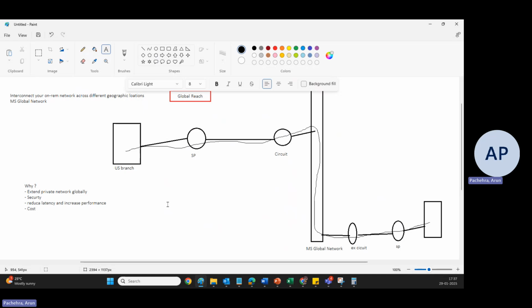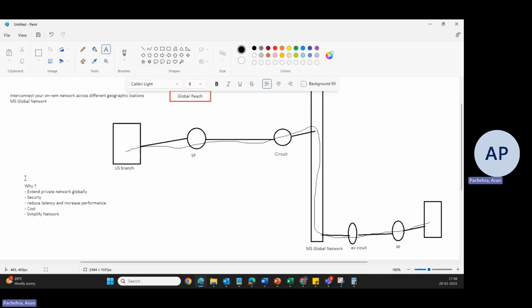So these are some reasons that we could think of right now. And of course, simplify the network architecture. We should mention that one. Simple architecture of any kind is always better than complex architecture.